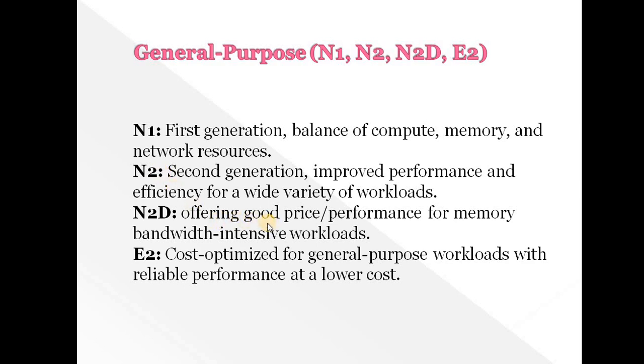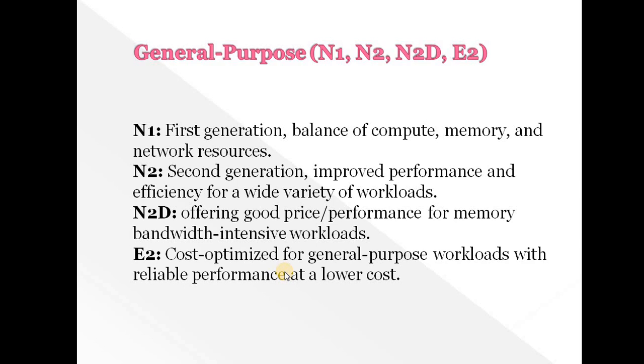And if you are looking for a good price, or you are running very bandwidth-intensive workloads, then go for N2D and E2. These are cost optimized for general purpose workloads, with reliable performance at a lower cost.